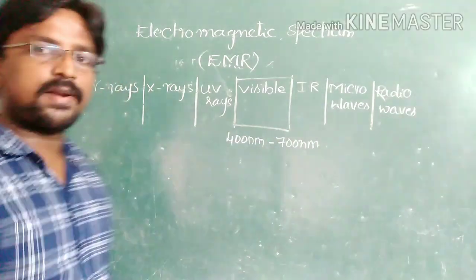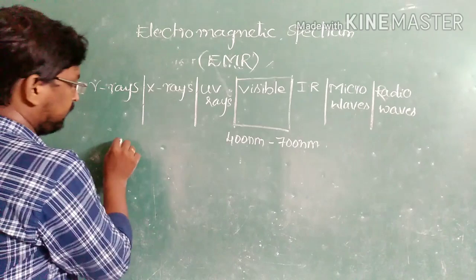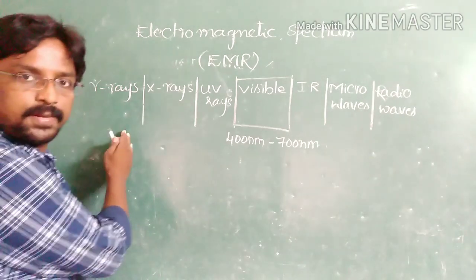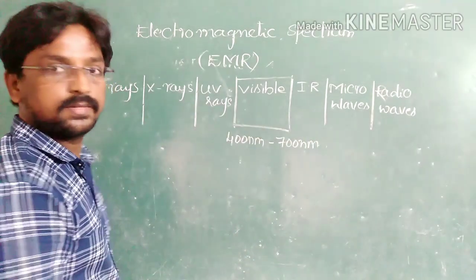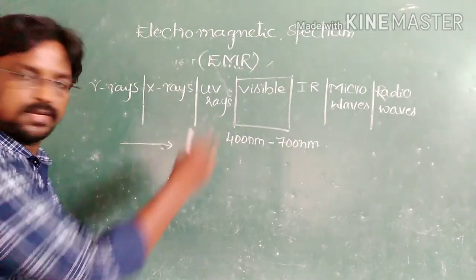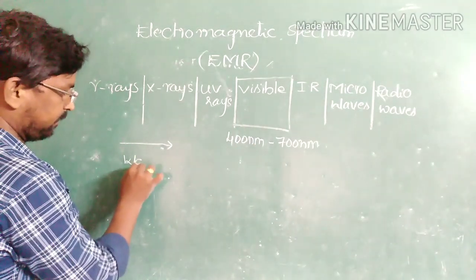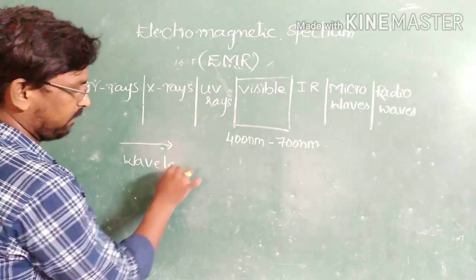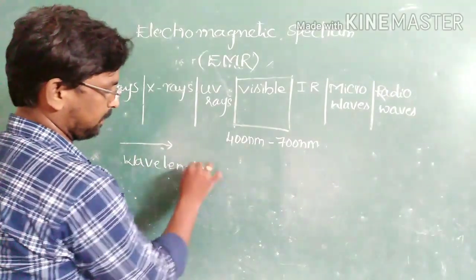If you observe from gamma rays to radio waves, the wavelength increases.